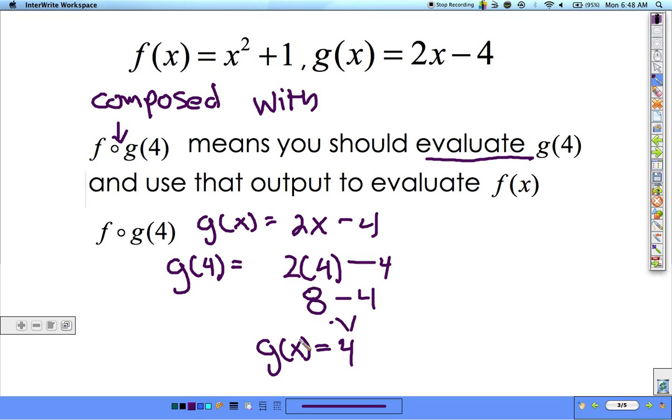So g of 4 is equal to 4. All right, so let's note that g of 4 is equal to 4, and what we're going to do is now evaluate the rest of the function.